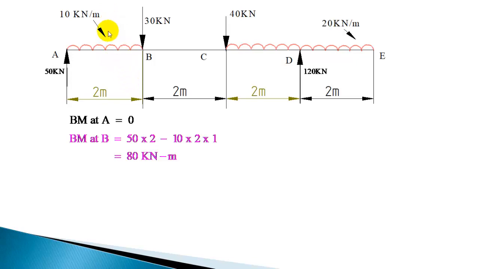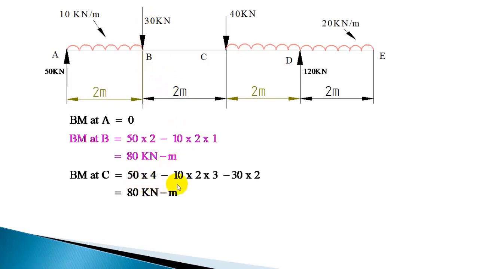So minus 20 into 3. Again 30 produces counterclockwise moment. Minus 30 into 2. So 50 into 4 minus 20 into 3 minus 30 into 2. So that is the bending moment at C, and you got the same value, 80 kilonewton meter here.